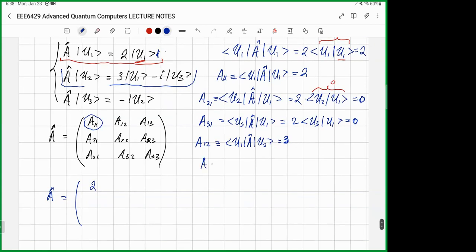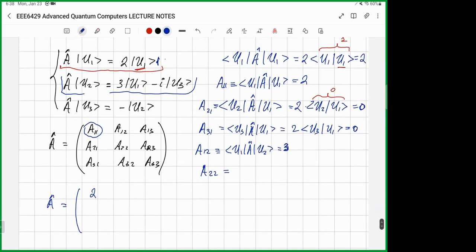The second one, the A22, I multiply this rule by u2 on the left side. I notice that here and here I have no u2 vector, right? So the product of u2 by u1 and by u3 gives me 0.